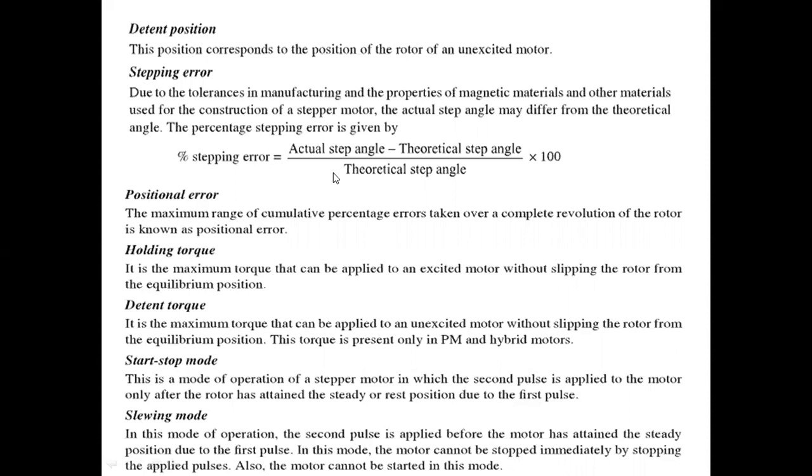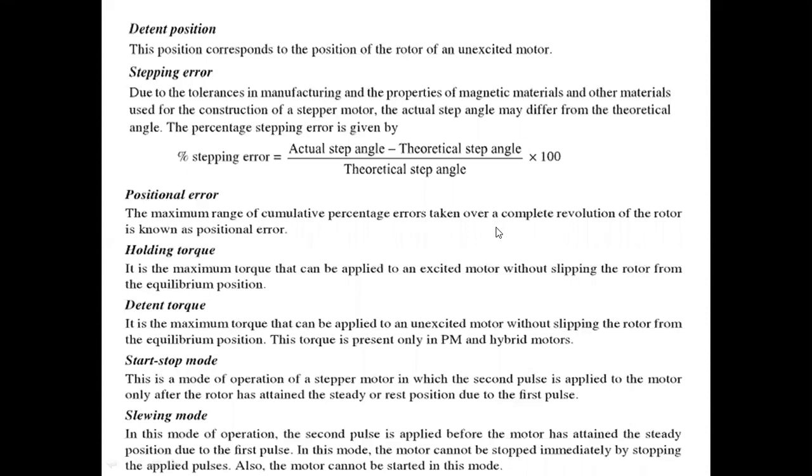Here, the positional error is defined as the maximum range of cumulative percentage errors taken over a complete revolution of the rotor. For all the 6 degree step angles, we get a total of 60 steps in one complete revolution of the rotor. Therefore, for all the 60 steps, there is a small error. 6 degrees changes to 12 degrees, 6 plus 6, 12 plus 6, 18, like that.